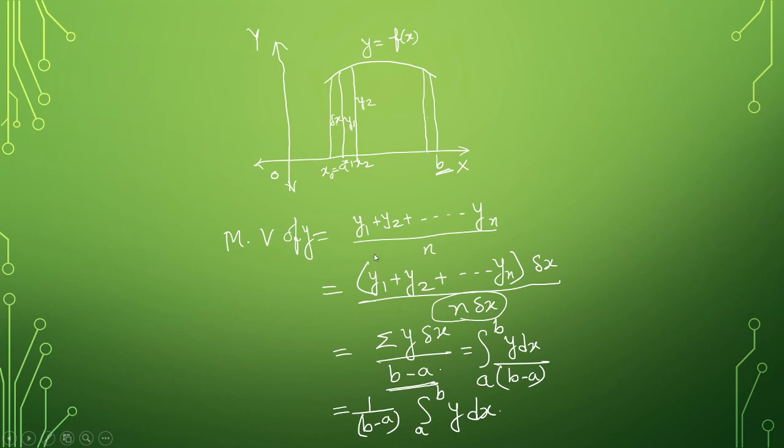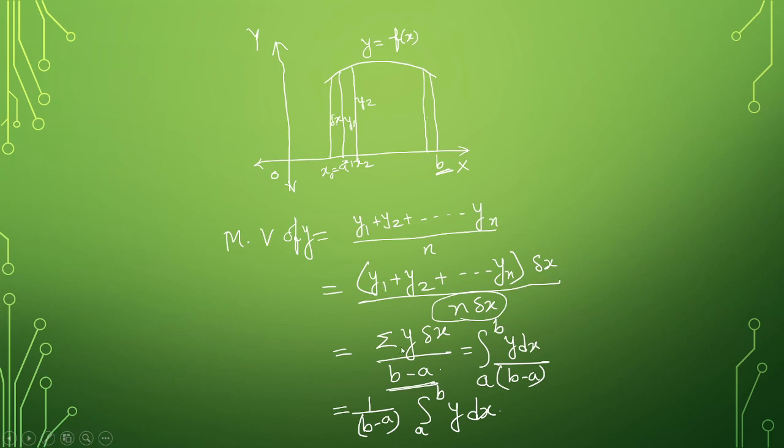Now the mean value of y means, we know, the average, that means the addition of all the terms divided by the number. Therefore y1 to yn divided by n, this value is y multiplied and divided by delta x.